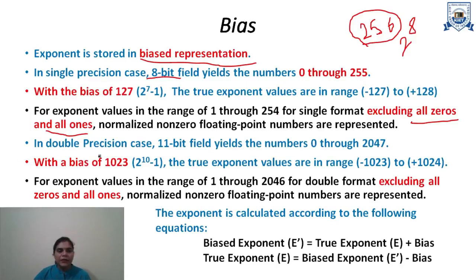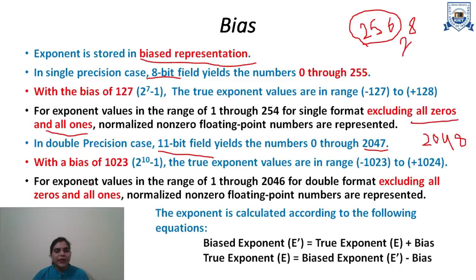Same in double precision, 11 bits are used to represent the biased exponent. The total values represented by 11 bits will be 2048, as 2 to the power 11 equals 2048. So the range will be 0 to 2047. With the bias of 1023, the true exponent values can be in the range of minus 1023 to plus 1024.